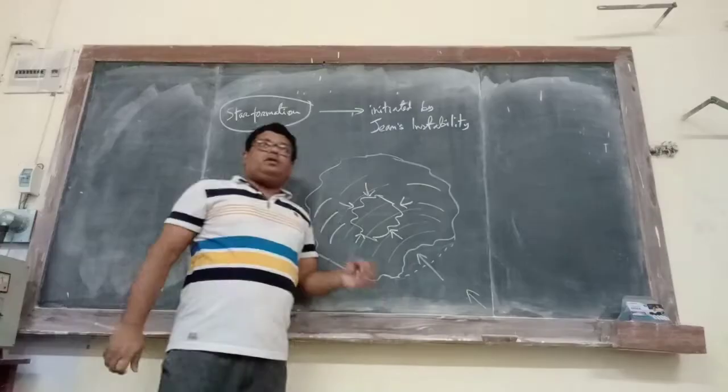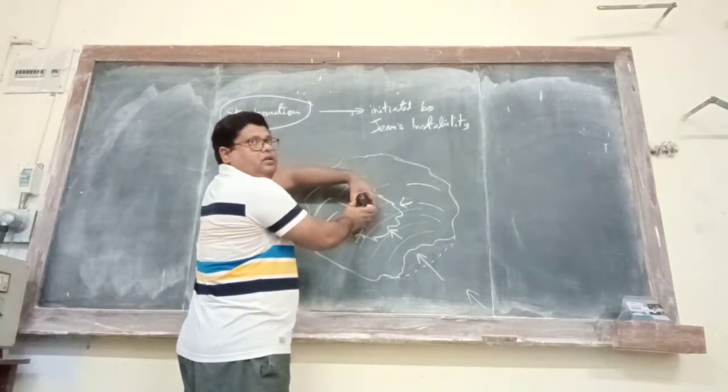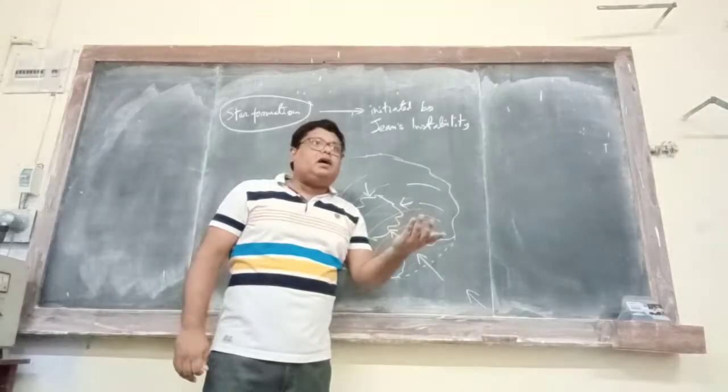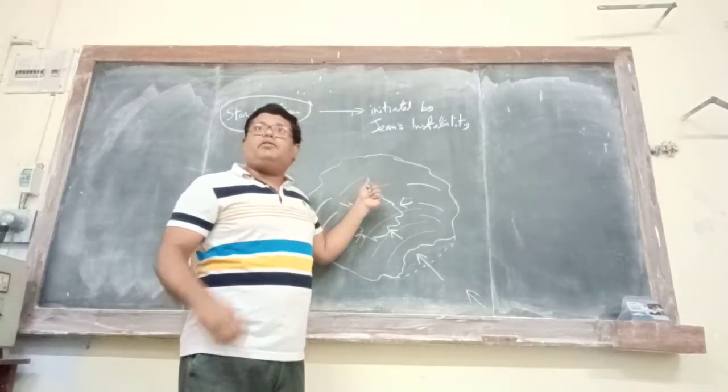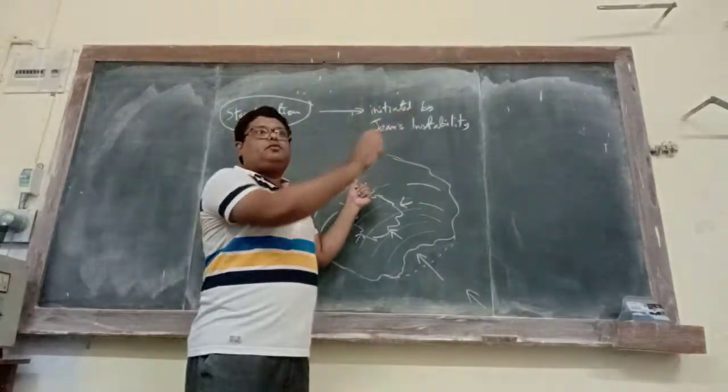Right? Now it has been observed that if this region is very small, meaning less overall mass, then in gravitational force, F is equal to G m1 m2 by r square.